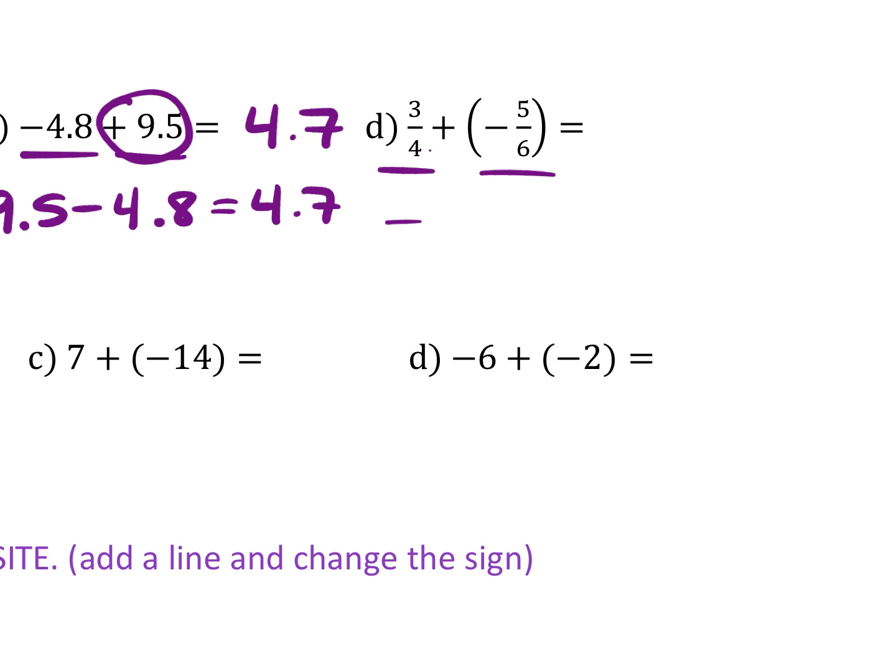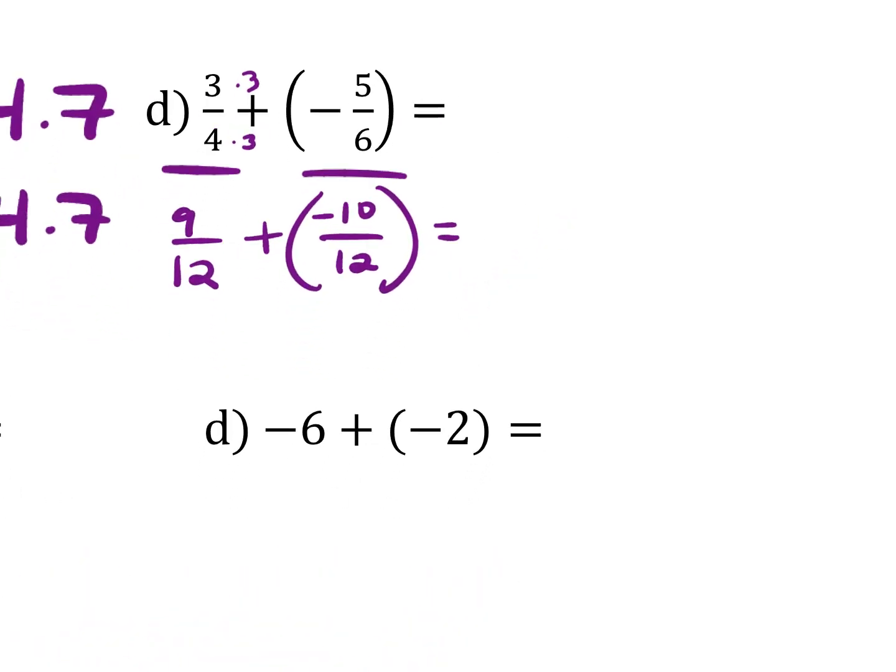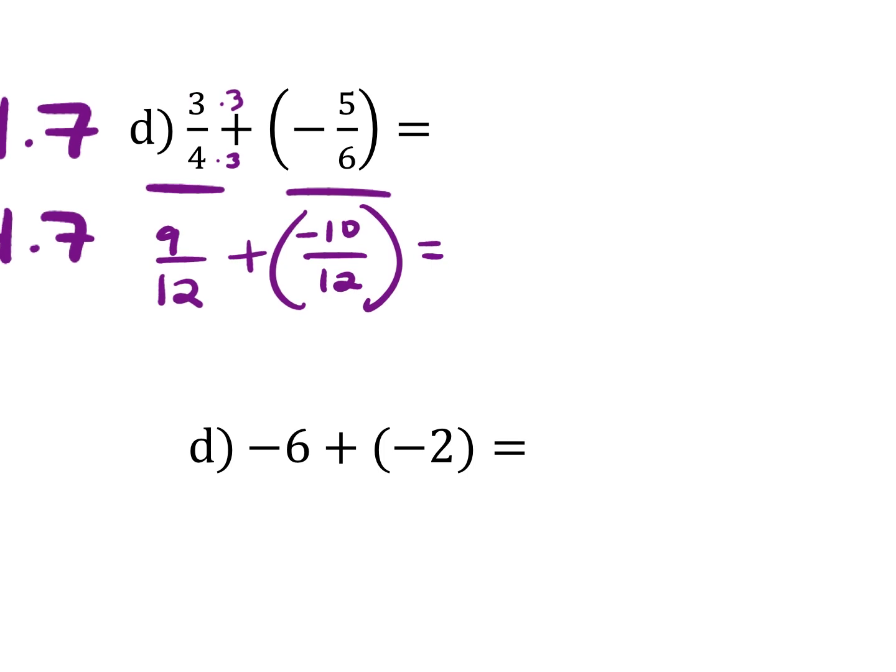9 twelfths, right? Times 3 is 9 twelfths. Negative 5/6 is how many twelfths? Negative 10 twelfths. Okay, so this is your new problem, right? 9 twelfths plus a negative 10 twelfths. Add them or subtract them?